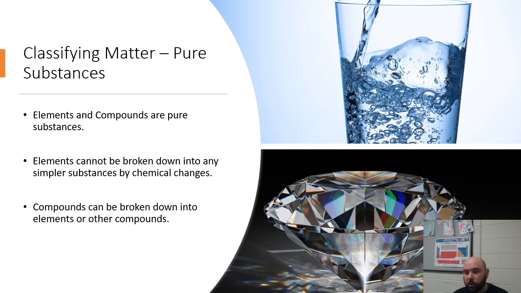They are only one type of atom. You can't separate out those atoms and get anything different. An example of an element here on this page is the diamond that you see. Diamonds are composed of only carbon atoms, and so therefore it's a pure substance. It's no mixture of anything. It's all carbon atoms all bonded together in a very, very nice crystal.